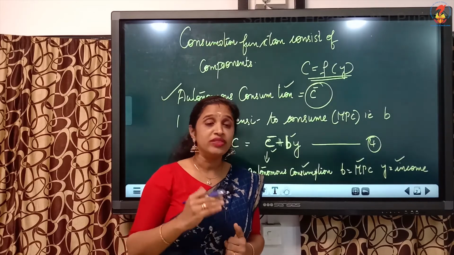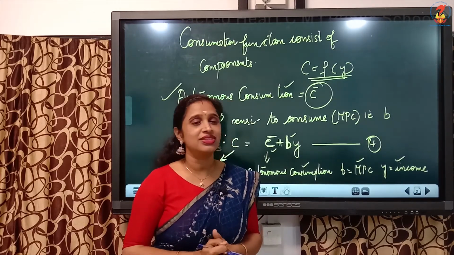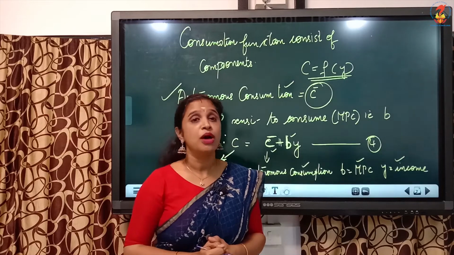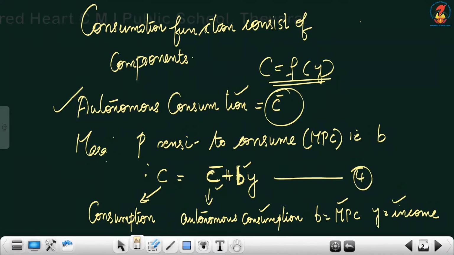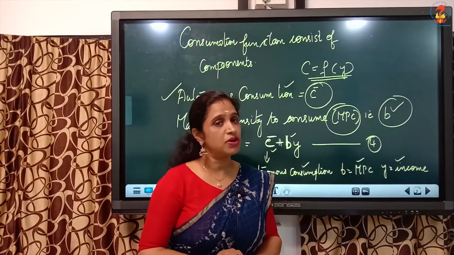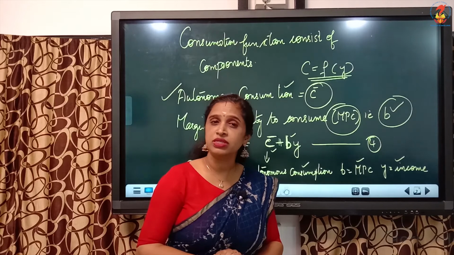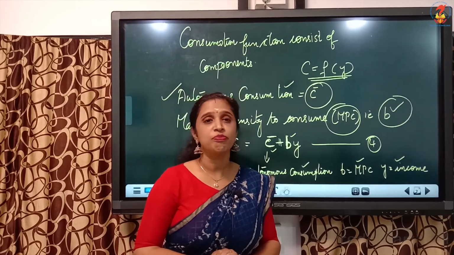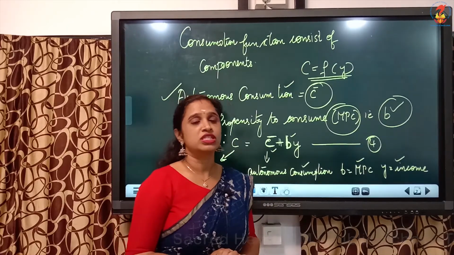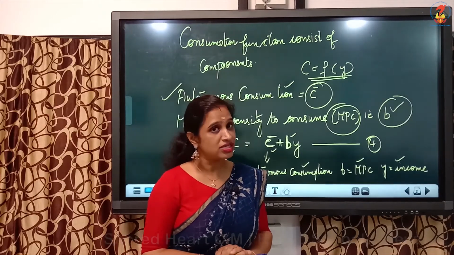That concept is known as marginal propensity to consume, MPC, which is denoted by the letter B. Therefore, we have two aspects here: C bar is the autonomous consumption and B is the marginal propensity to consume. With these two important concepts, we can frame the consumption equation as follows.